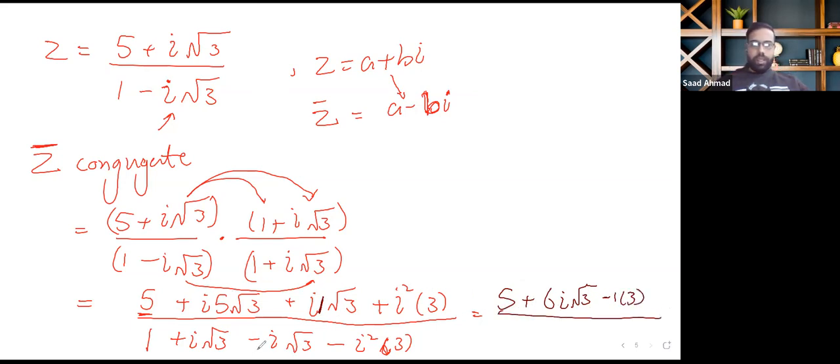In the denominator, this one is with minus and this one with plus, so they cancel out, and i squared is minus 1, so we have 1 minus 1 times 3. Let me just write the final step here.